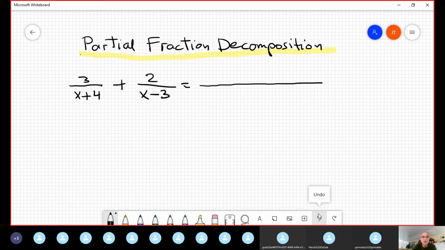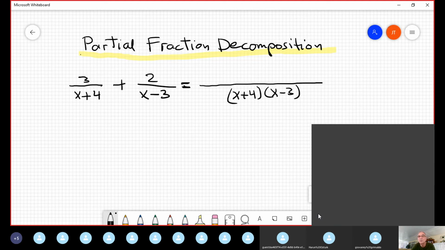This is a typical problem of middle school. You find the least common denominator. In this case, the least common denominator is x plus 4, x minus 3, both together. And you divide the LCD by each denominator one by one, and multiply by the corresponding numerator.